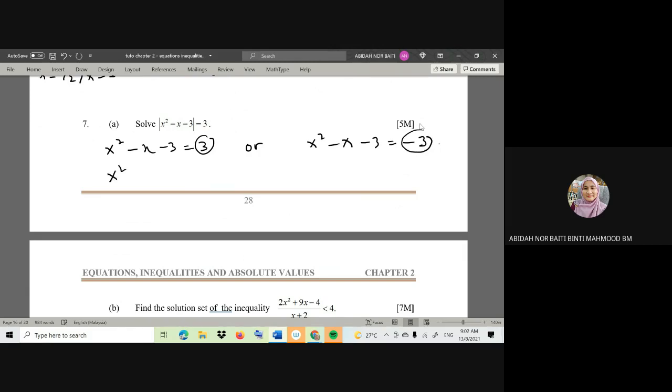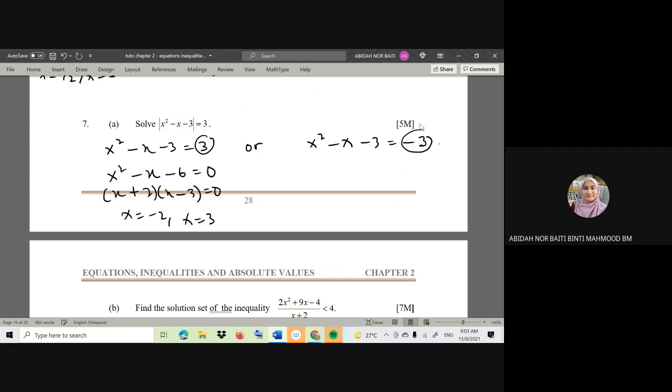And then rearrange sahaja. Negative 3 minus 3 is minus 6. Then we factorize. So we get what? Boleh factorize tak ni? 2 kan? 2 dengan 3. So positive, negative. Okay, therefore your x negative 2, x is 3 ya.